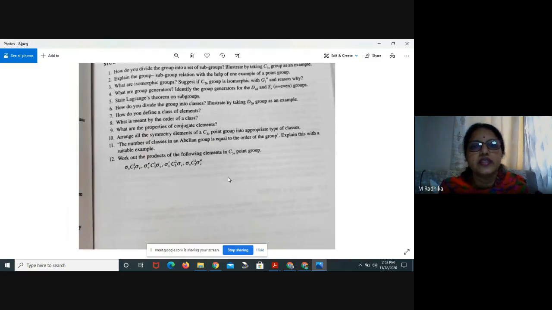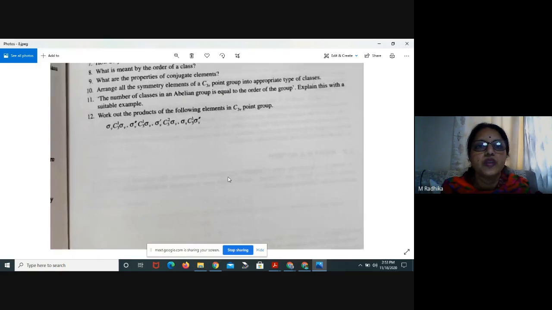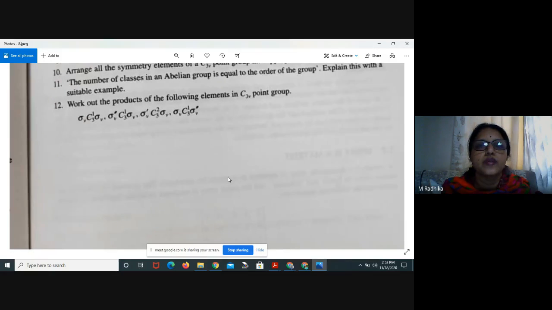Just take this last question, the 12th question. Work out the products of the following elements in the C3v point group. Please do it on your own. Please write this: sigma v, C31 sigma v. In your next class, just show me the white paper where you have worked this out, or you can put it in the WhatsApp group. Whoever has attended today, please work it out, so I will understand how much you are understanding.